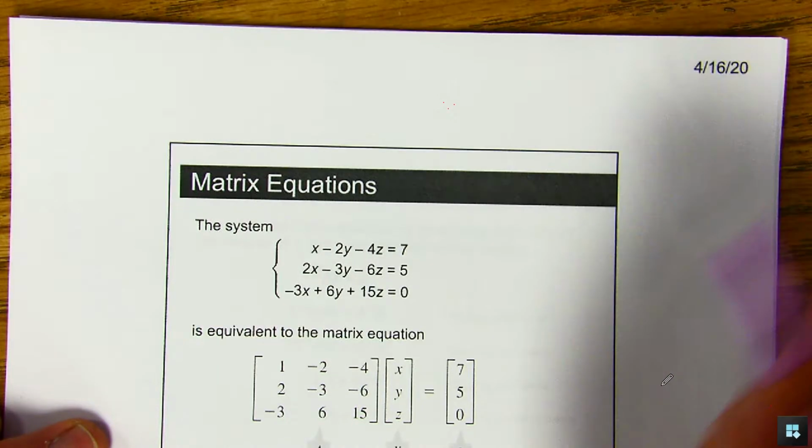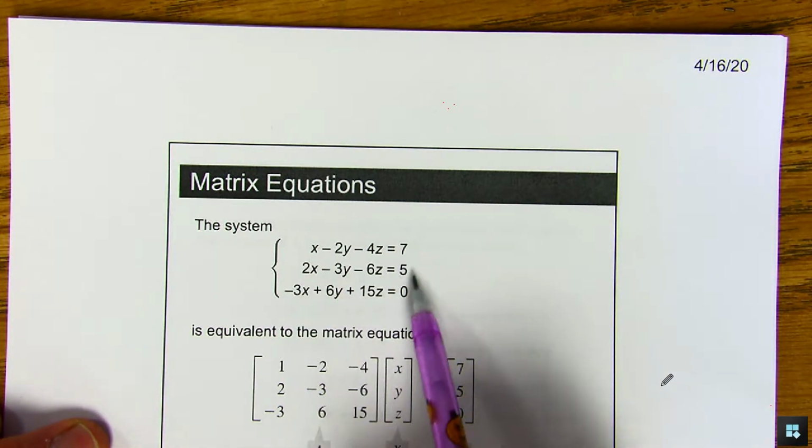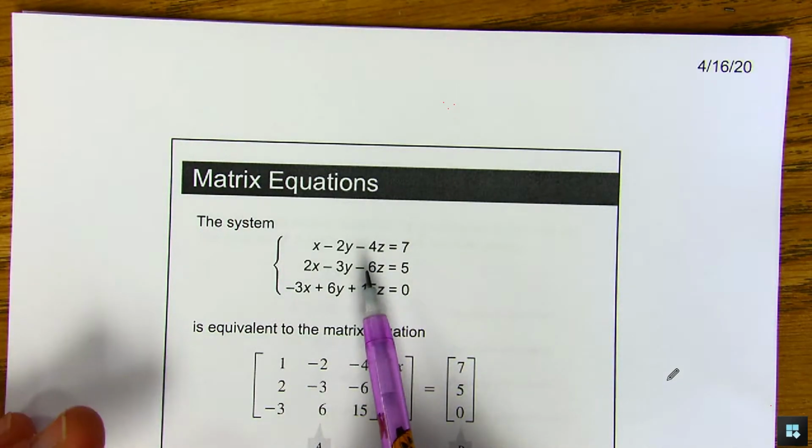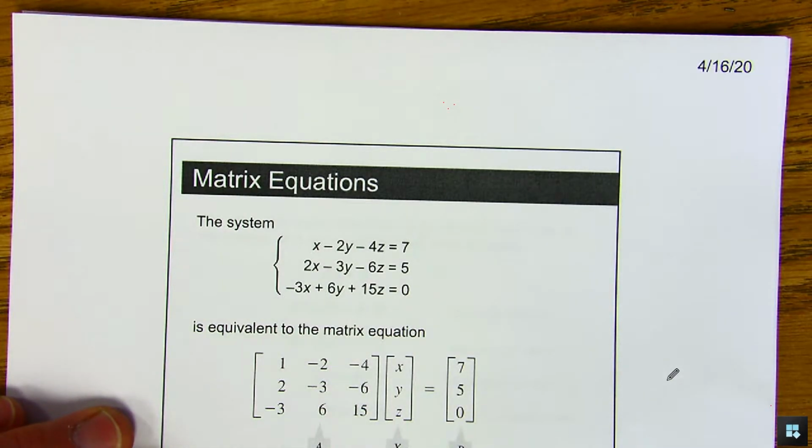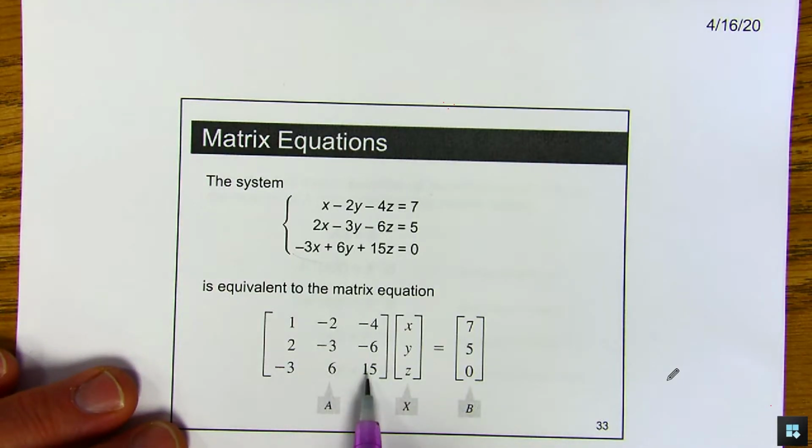So we have our system of equations right here. We can actually take this system, and we did this earlier on in 6.1 where we put it into a matrix, but it was a little different than this. We didn't quite do it this way. However, we can turn these system equations into what's called matrix equations.